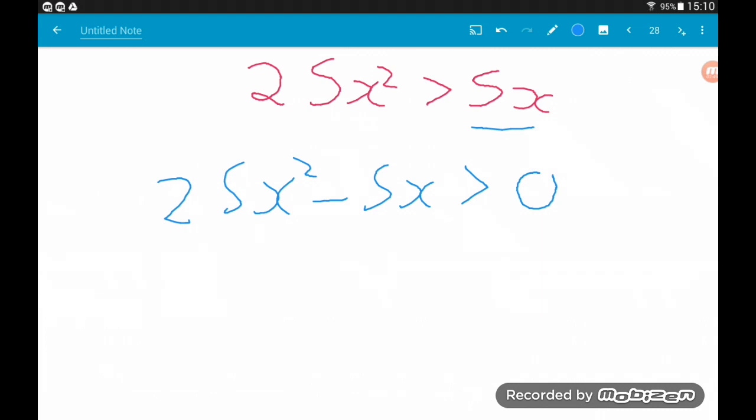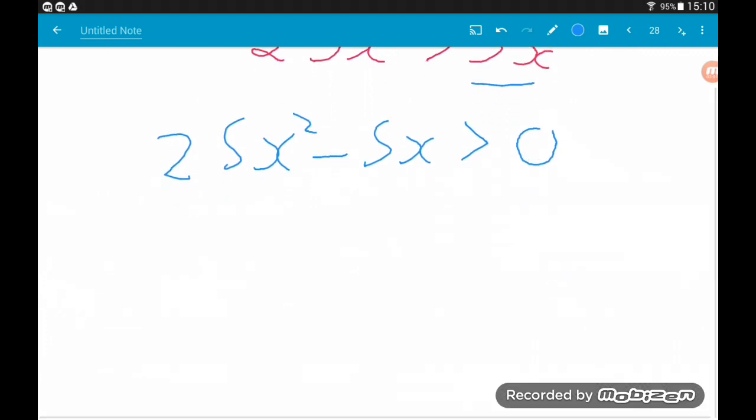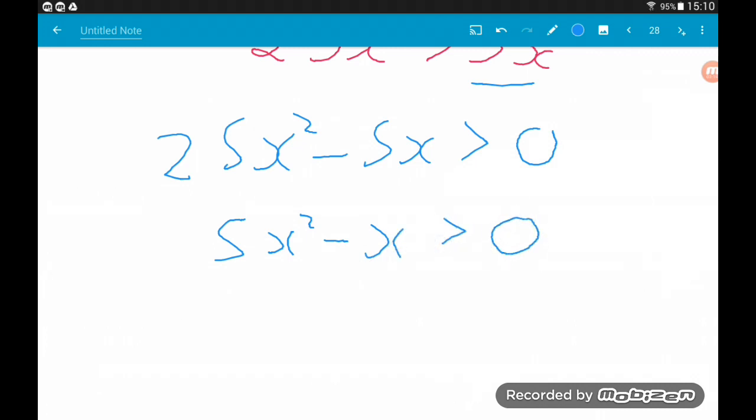Similarly, you can divide away a negative constant, because we know it's negative, we would flip the direction of the sign. So I'm going to divide by 5, that's going to leave me with 5x squared minus x is greater than 0.